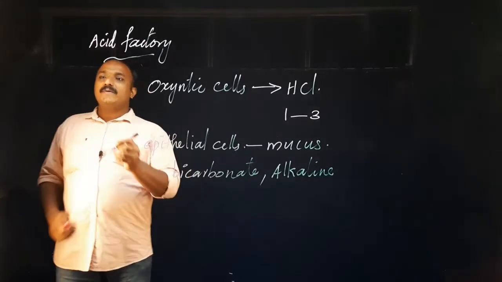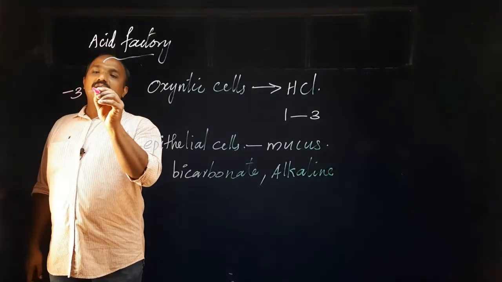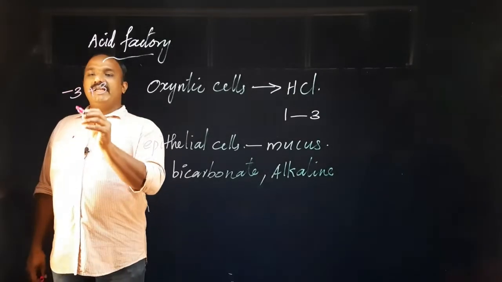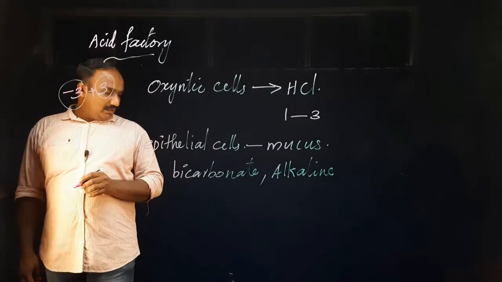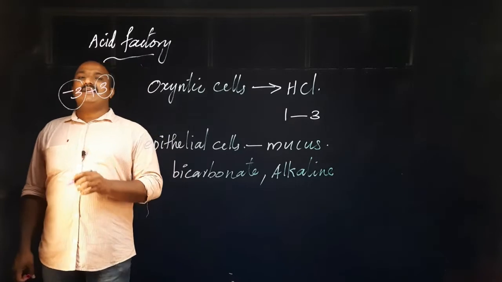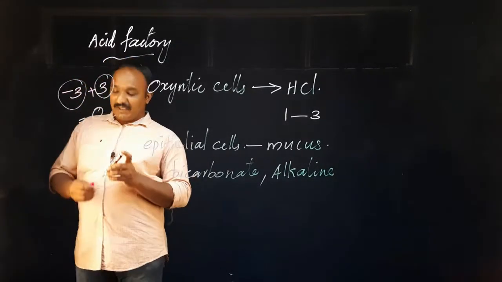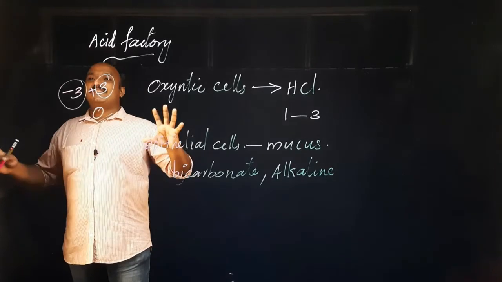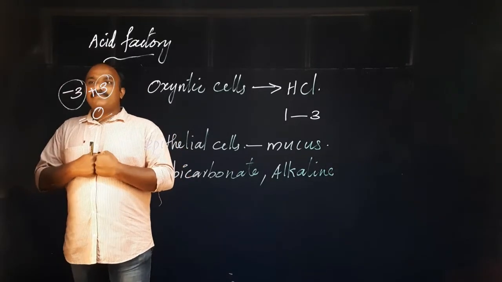Like, look, if you are adding minus 3 along with plus 3. Minus 3 is negative 3, plus 3 means positive 3. When these two numbers are added, what will happen? The answer will be 0. No number. So here it is neutralized. Equal force or equal strength, we can say.